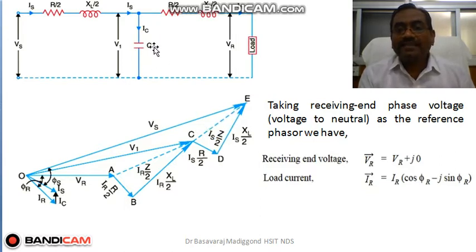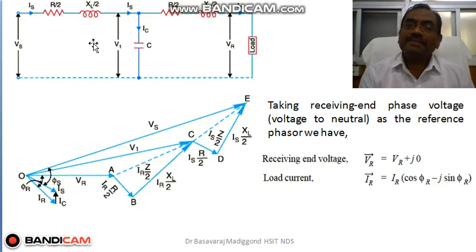If you add VR plus these two drops, IR into R by 2 plus IR into XL by 2, you will get V1.